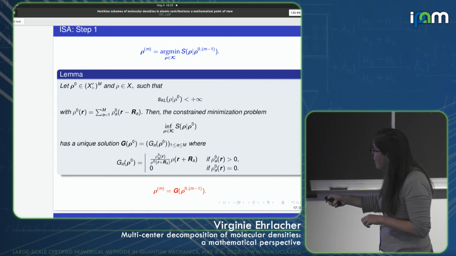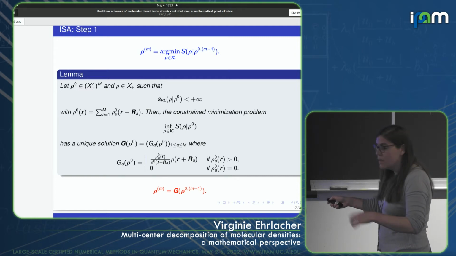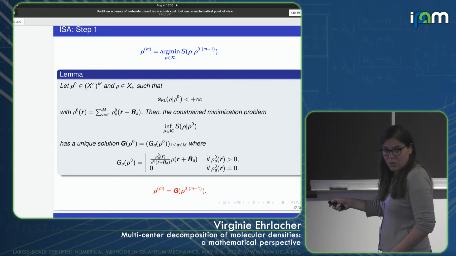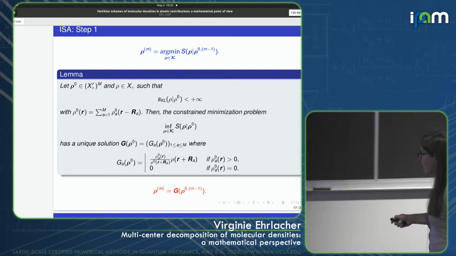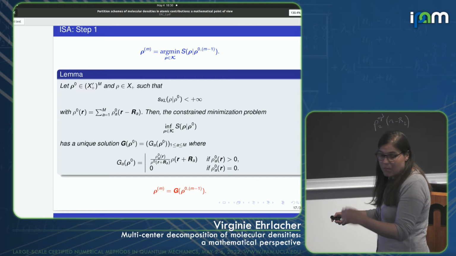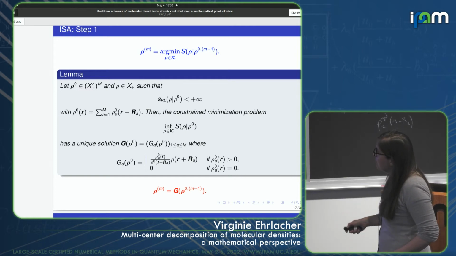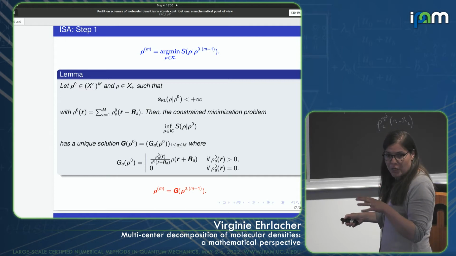And this rho 0 is defined by this formula. It's the sum over all atoms of these radially symmetric contributions, but shifted with respect to the positions of the different atoms in the molecule. At this point, just remember that the solution of this problem can be computed explicitly with such a formula, and I gather this under the G notation.